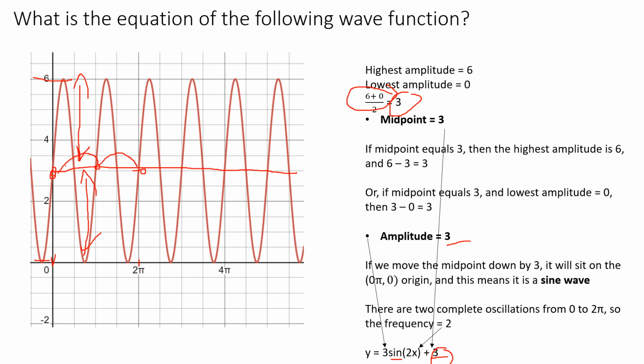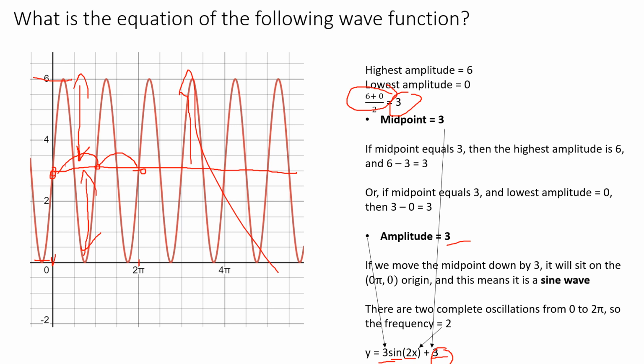It starts over twice. So that's going to be 2 oscillations, so it'll be 2x. And I've got 3 here. The amplitude is 3. So that's going to be 3 sine 2x plus 3: amplitude of 3 times sine of 2 oscillations x, plus 3.